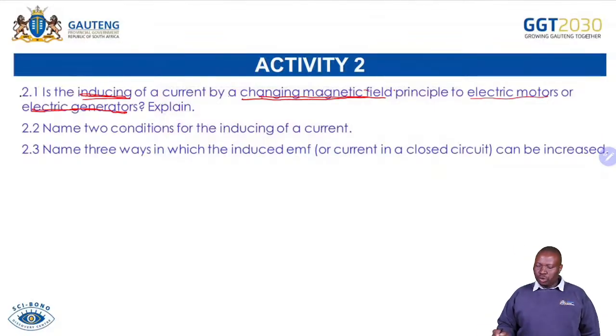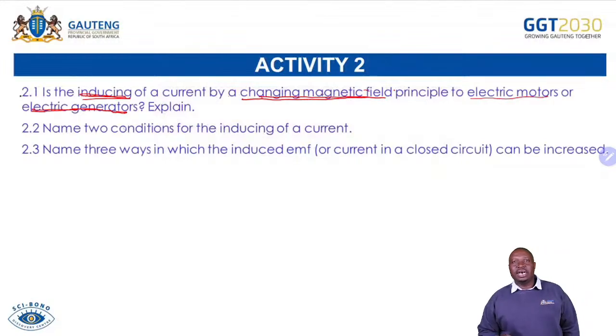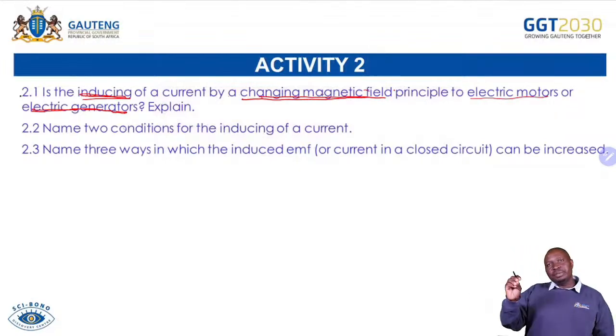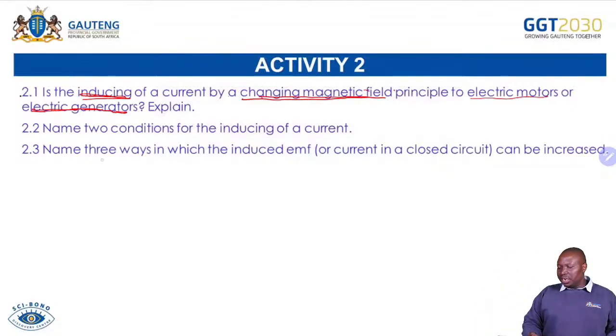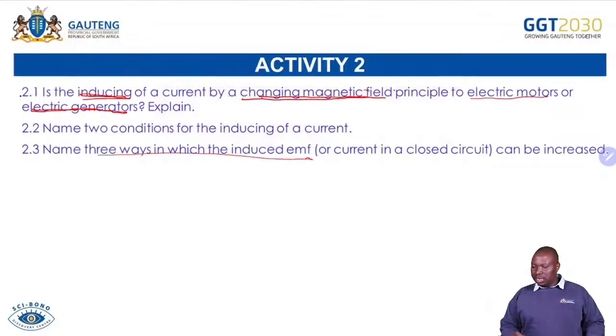Name 2 conditions for the inducing of a current. Remember we said for inducing current, there must be change in magnetic flux. When there is change in magnetic flux, we said the circuit must be closed, then definitely current is going to flow. And we said name the 3 ways in which the induced EMF or current in a closed circuit can be increased.